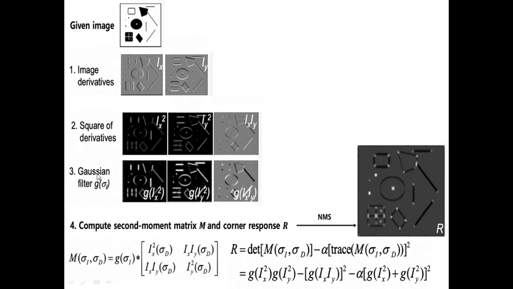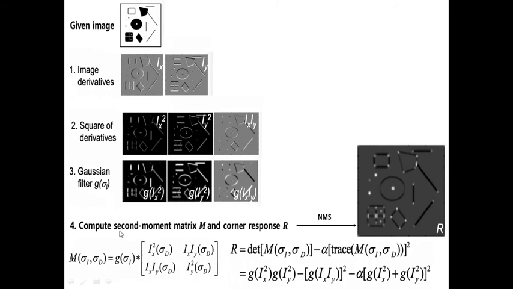So Ix squared, Iy squared, and IxIy, the partial derivative with respect to y times the partial derivative with respect to x. Using a Gaussian filter I have done the convolution. So this is my resultant image, where the smoothness of the image increases and a little blurring also increases.